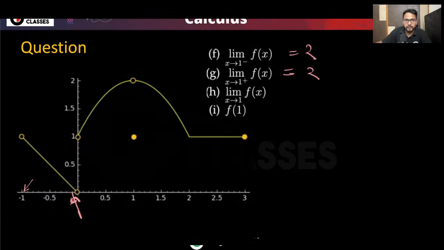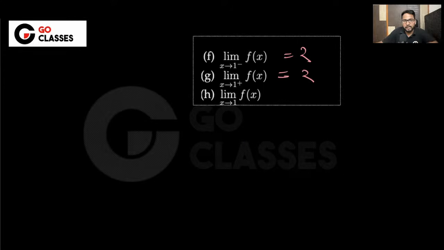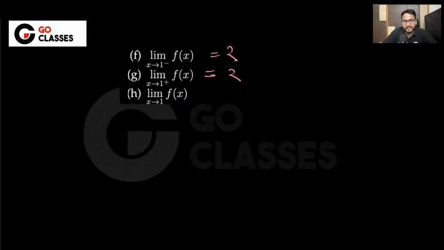There are 3 things, right? These are the 3 things. Now you can answer F and G separately, but this H is a little interesting.